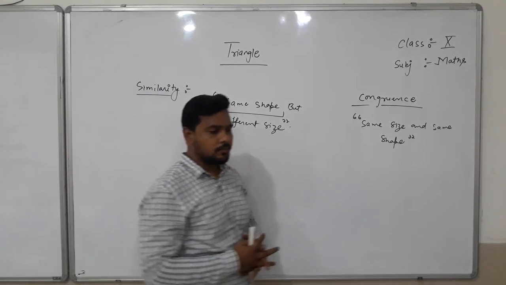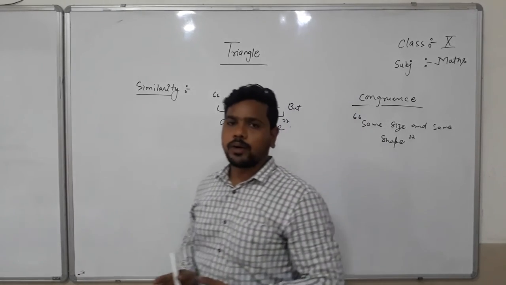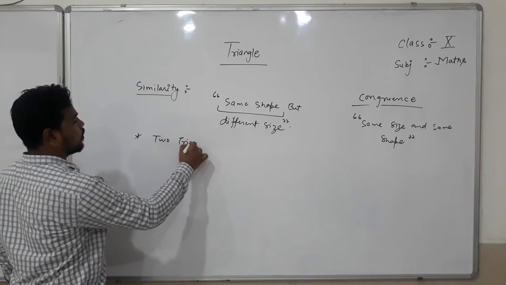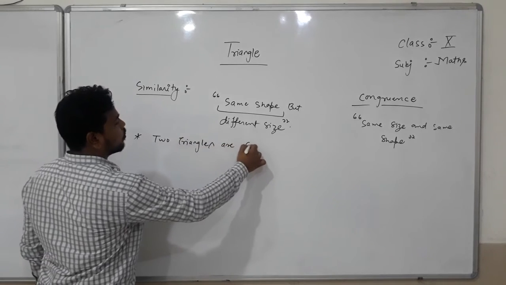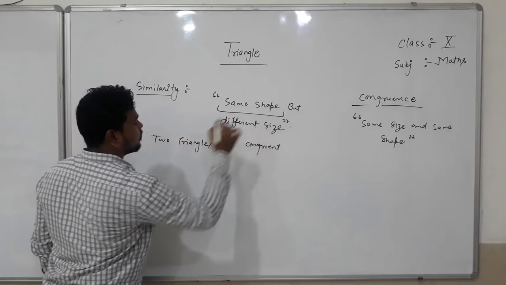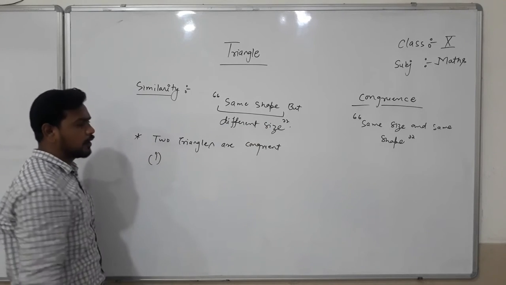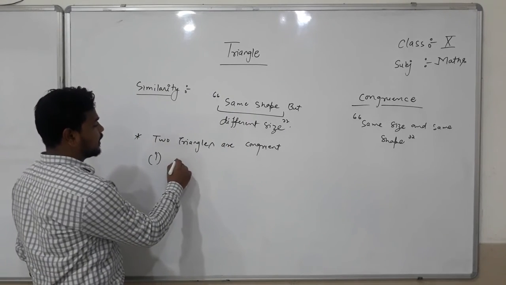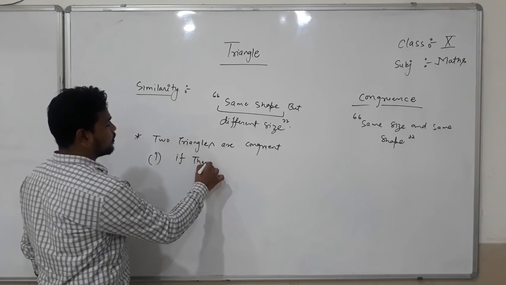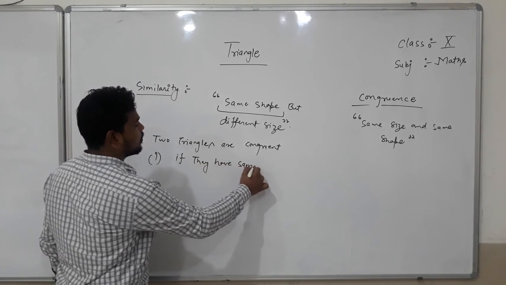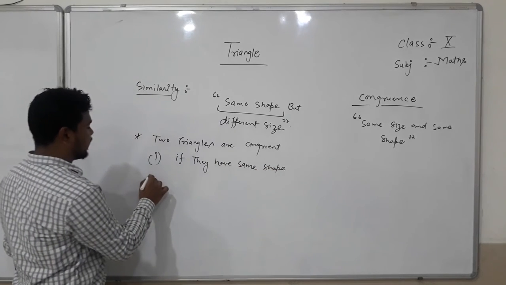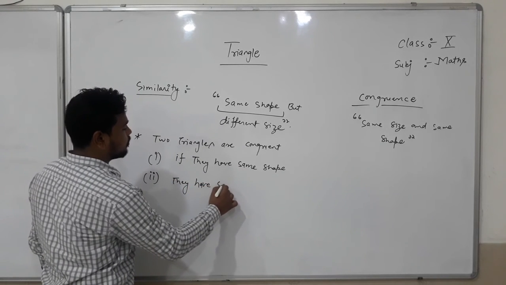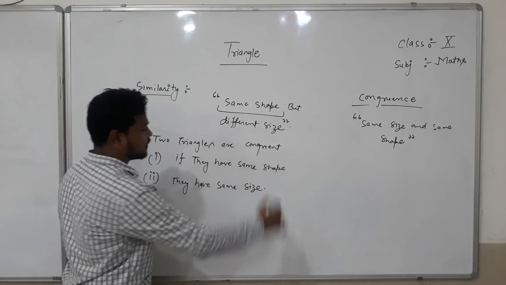Okay students, I want to discuss one thing. Two triangles are congruent if they have the same shape and the same size.